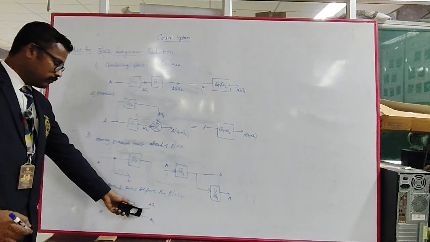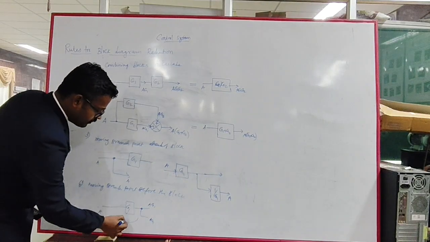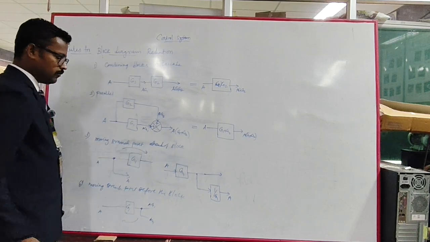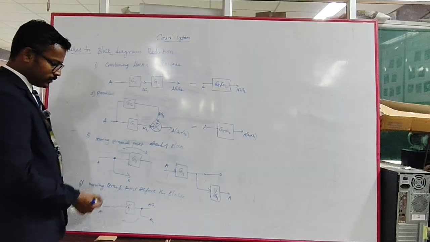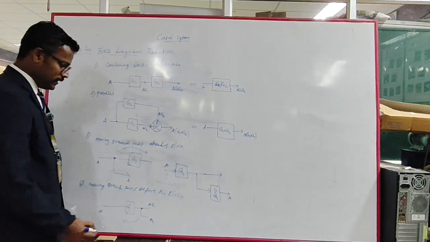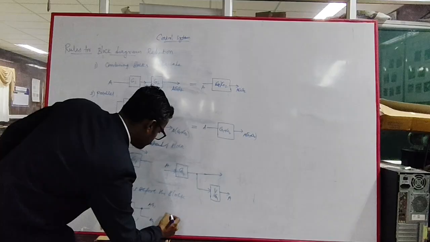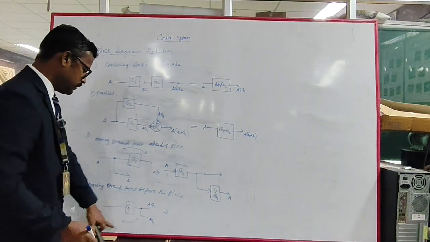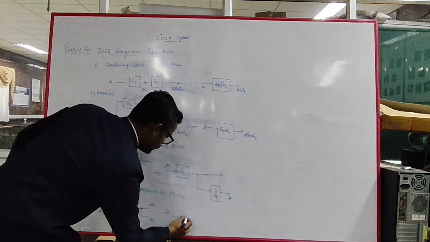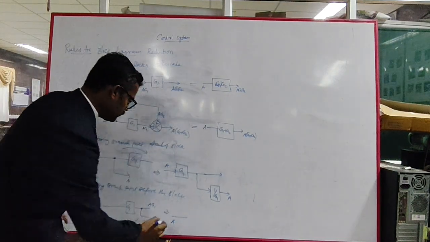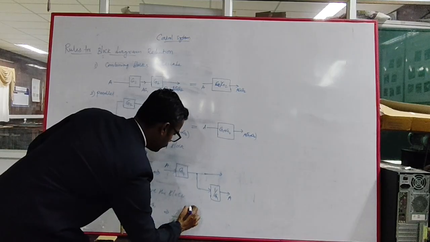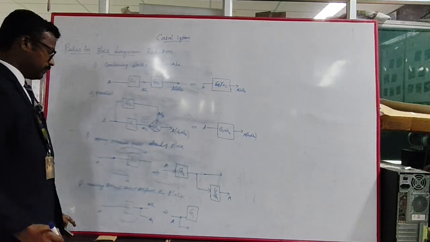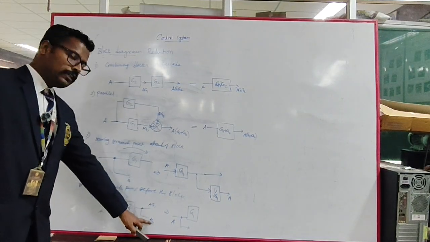And I am going to move this branch point here. So the branch point is moved before the block. So this is A, then G1, the same block, and here I am taking the tapping. So what is the tapping? I have to get A into G1.